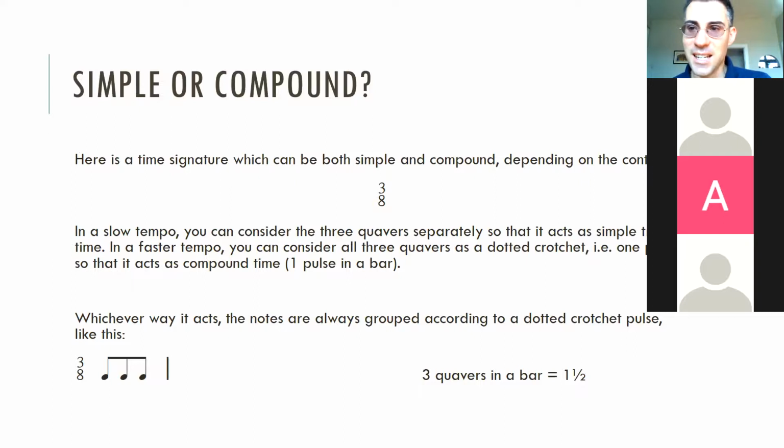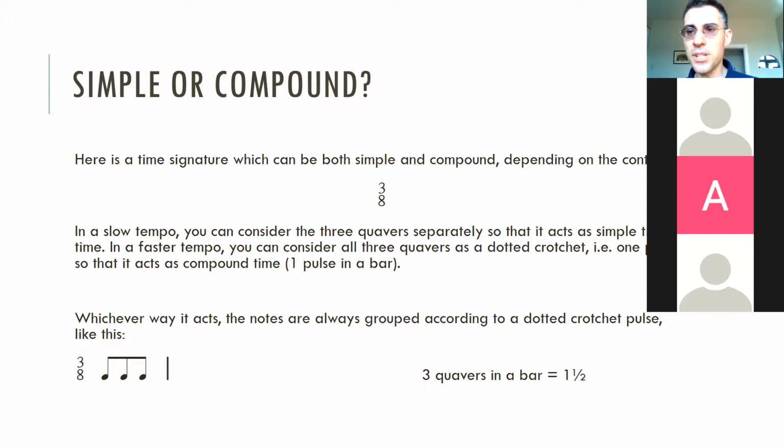Now let's have a look at another new time signature, 3/8. Before, when we've dealt with time signatures that have an 8 at the bottom, they have been compound time: 6/8, 9/8, 12/8. Those are all compound time signatures. But 3/8 can act as simple or compound, depending on the context.